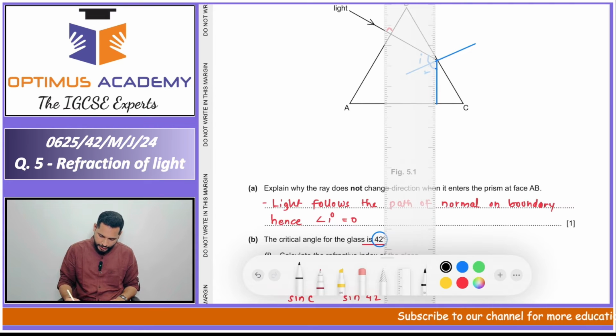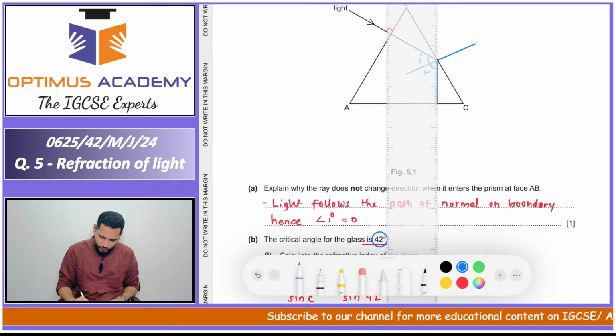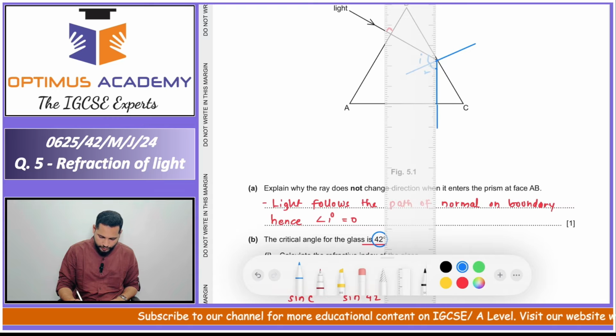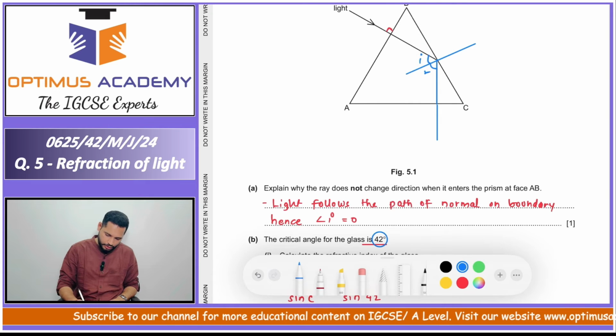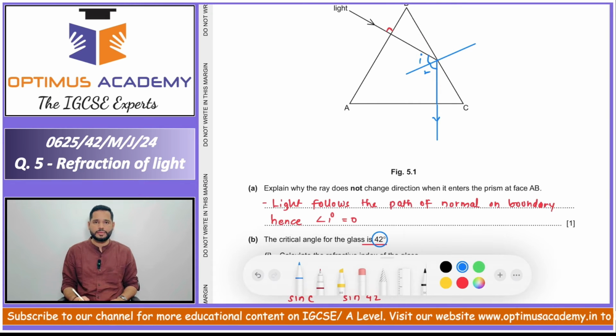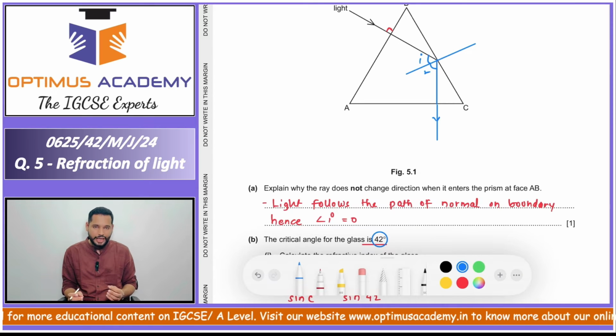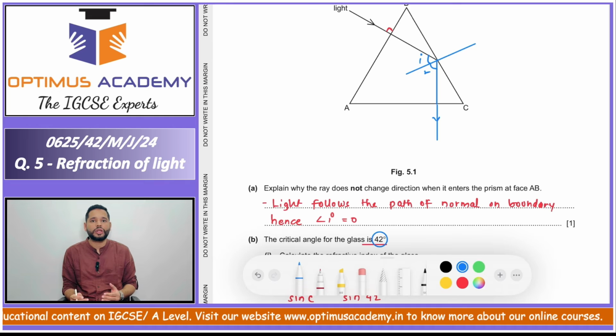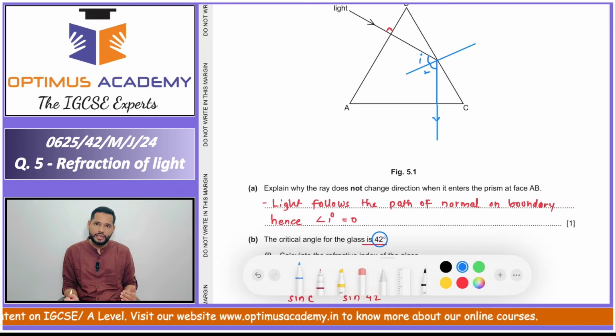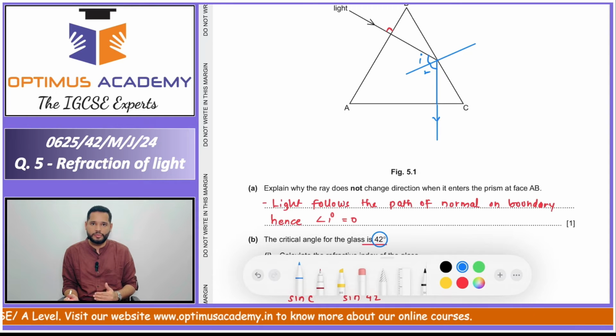If it reaches on the path of normal, it is going to go straight out without any deviation. So we can consider the path like this outside the prism. Had it been any other value for angle of incidence on AC, then the light would have gone away from the normal, because when light goes from denser medium to rarer medium, it goes away from the normal.